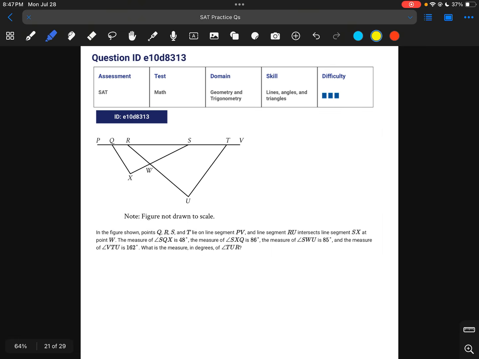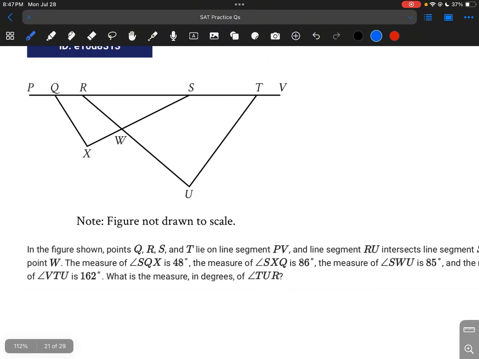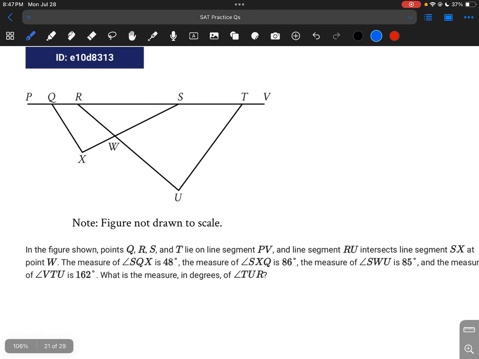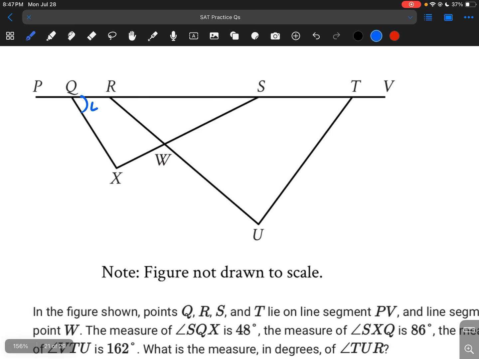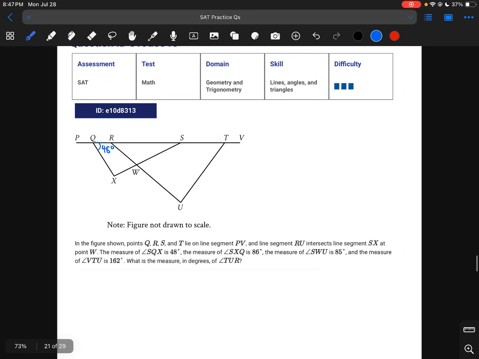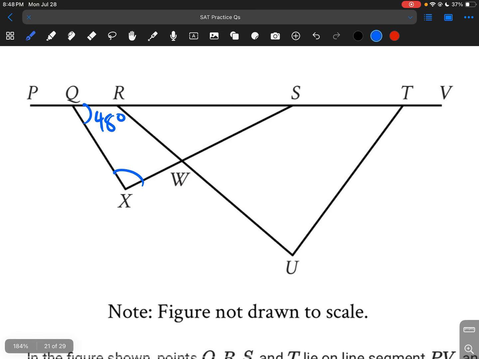For this question, we are told that Q, R, S, T lie on some segment PV, and RU intersects them at S, X, and SQX is 48 degrees. So SQX, right over here, is 48 degrees. And SXQ, right here, is 86 degrees.